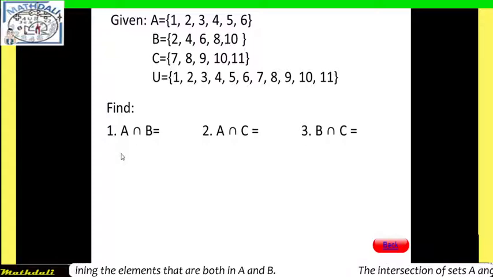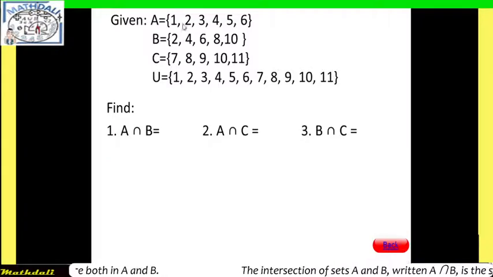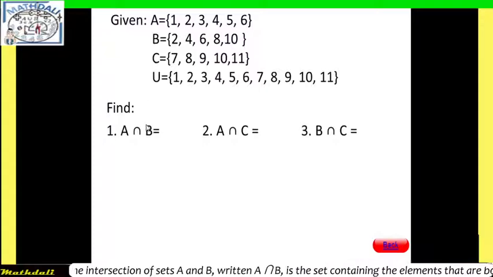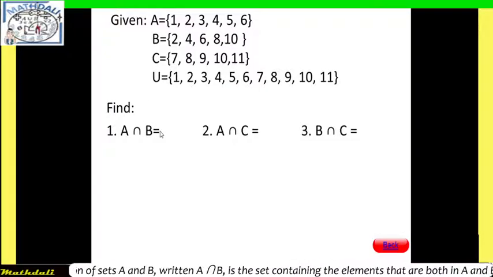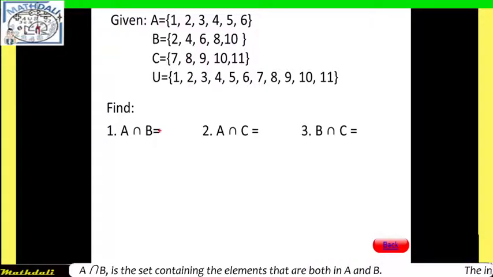First, we have to look for the common elements. Hanapin lang ninyo ang elements na makikita ninyo sa set A na makikita rin sa set B. Okay, so ano ang common elements natin? Iyan ang ating intersection.